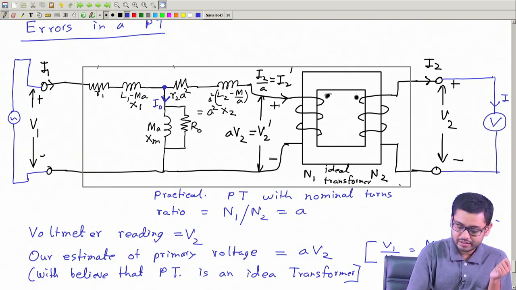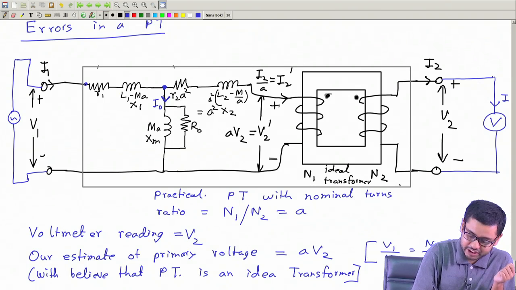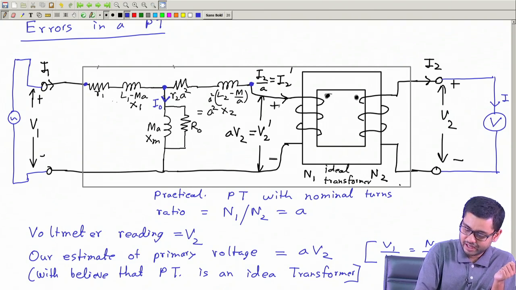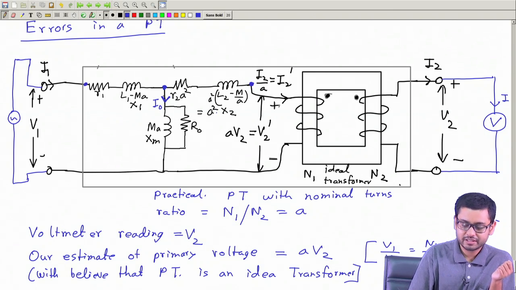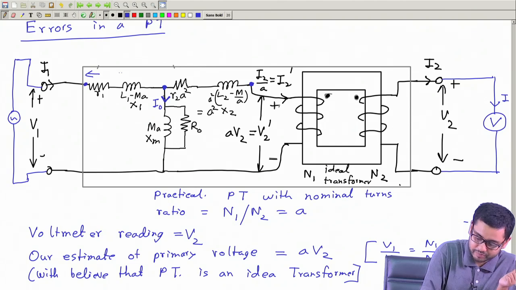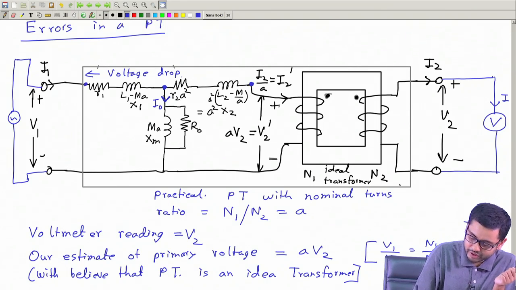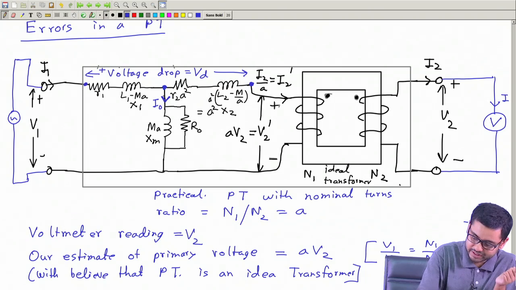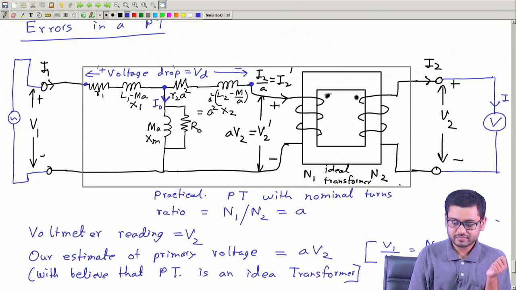Now, there can be a voltage drop from this point to this point, because some current flows in this circuit, and that gets multiplied by R1, X1. So there will be some voltage drop, call it VD, D for drop, plus or minus.